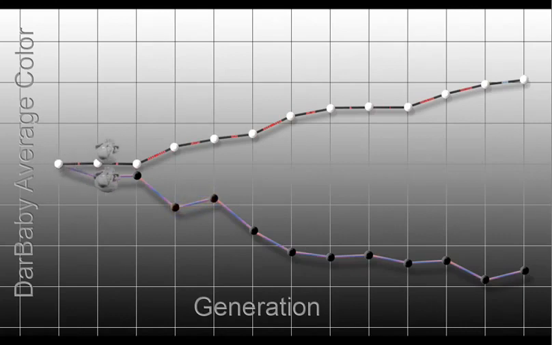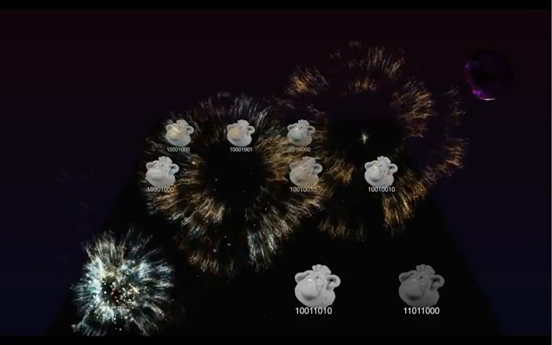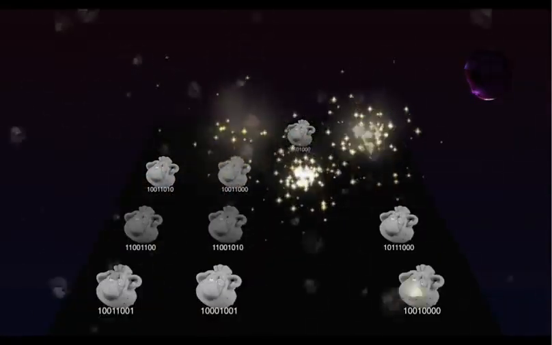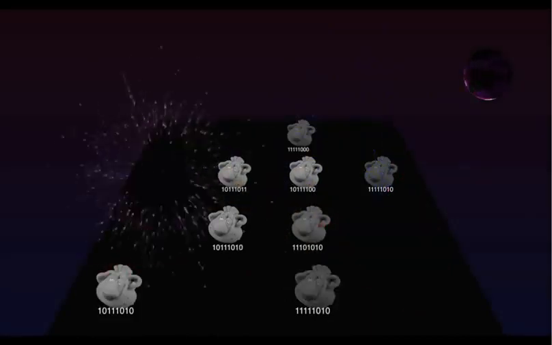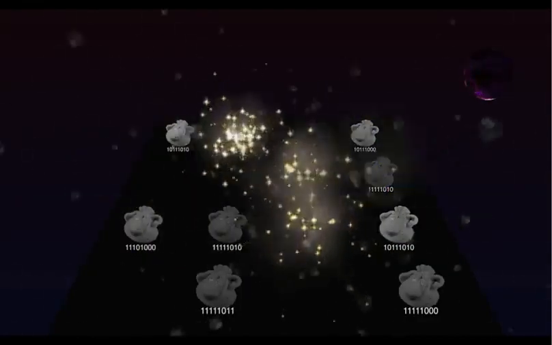Yet over time, the net effect is a directed process, making the organisms more fit for their environment. The element of misfortune, unlucky dar babies dying without regard to their fitness, is an example of genetic drift, the other prime ingredient in the mechanisms of evolution.